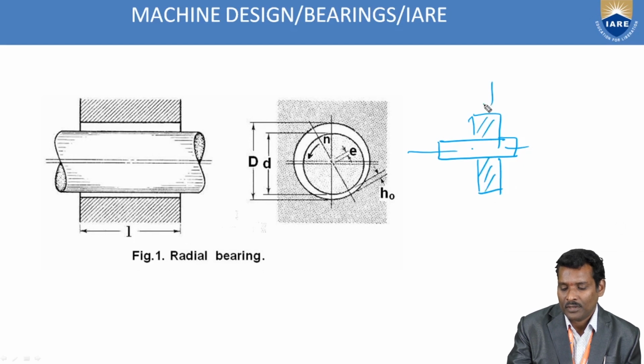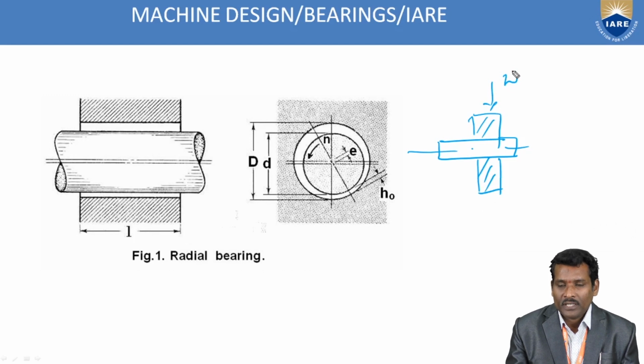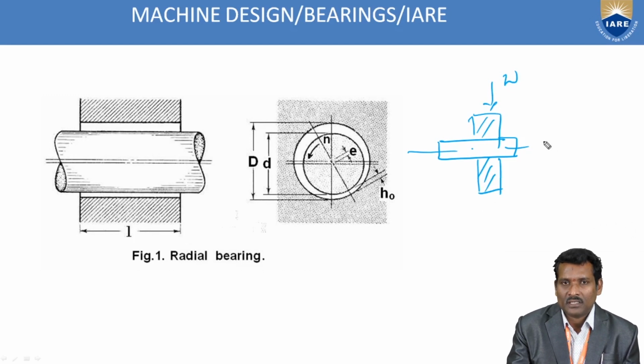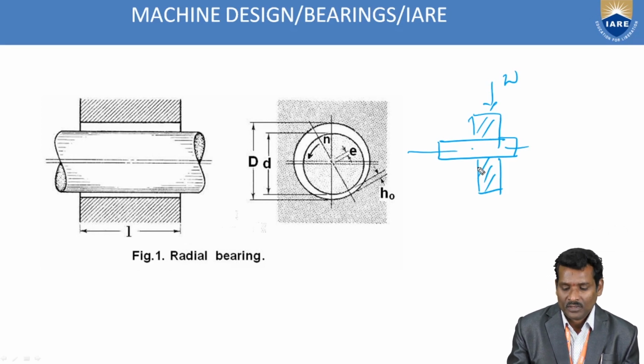So radial load will act. So it means the shaft axis is perpendicular to the load axis. These type of loads are called radial loads, and these bearings are called radial bearings.